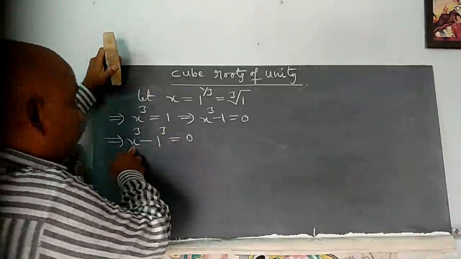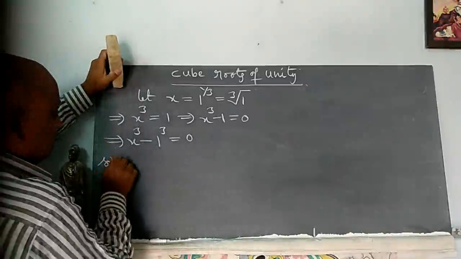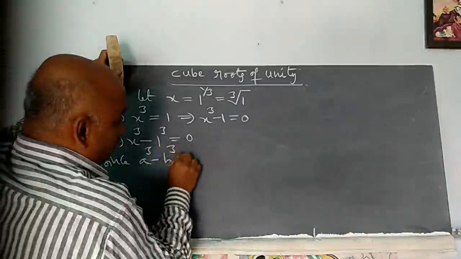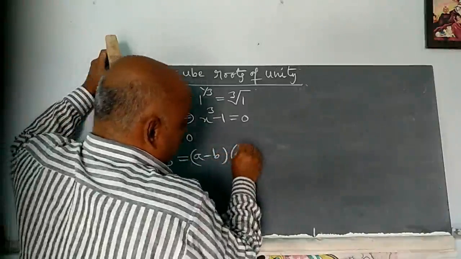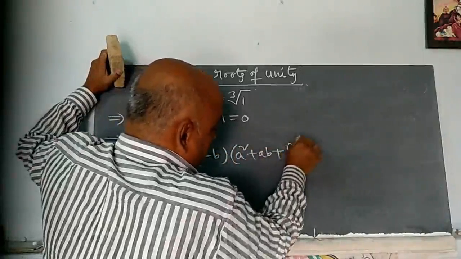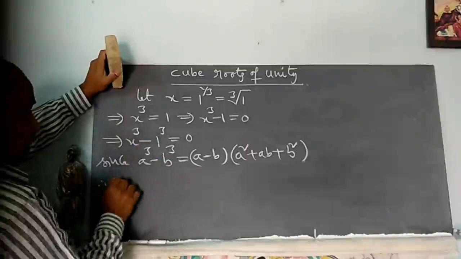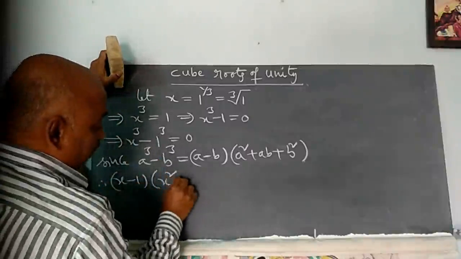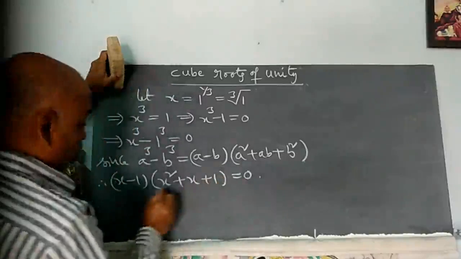Now it is in the form of a cube minus b cube. Since a cube minus b cube is equal to (a minus b) into (a square plus ab plus b square), therefore x cube minus 1 cube is (x minus 1) into (x square plus x plus 1) equal to 0.